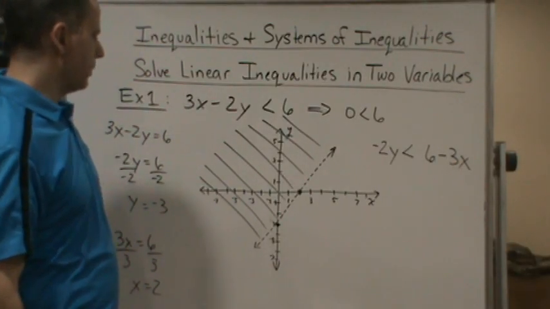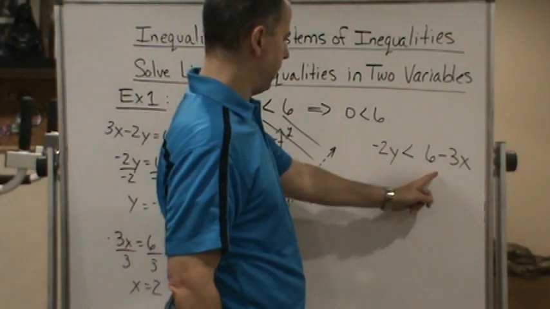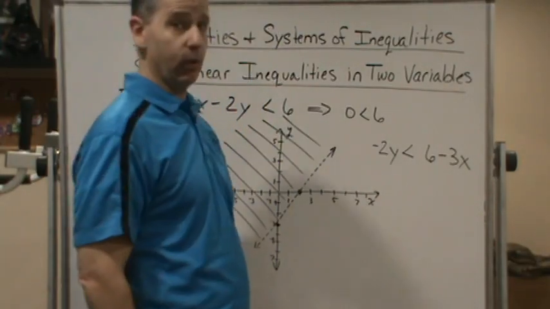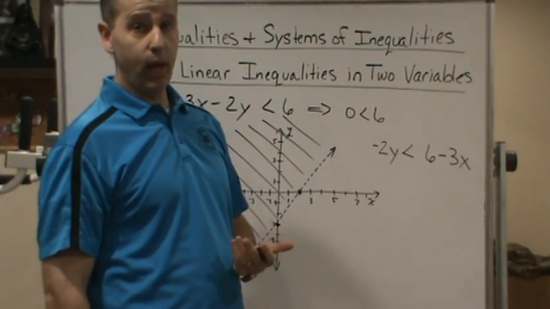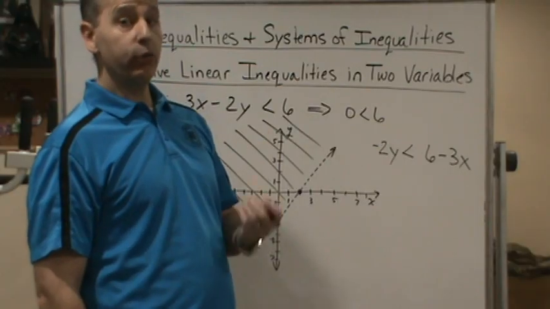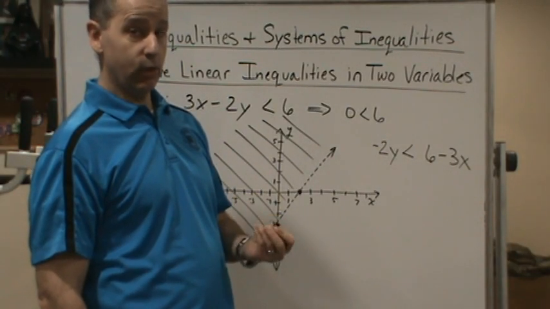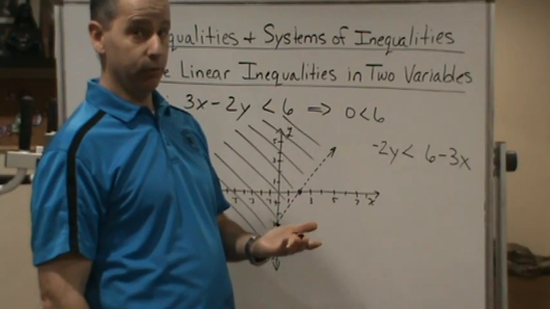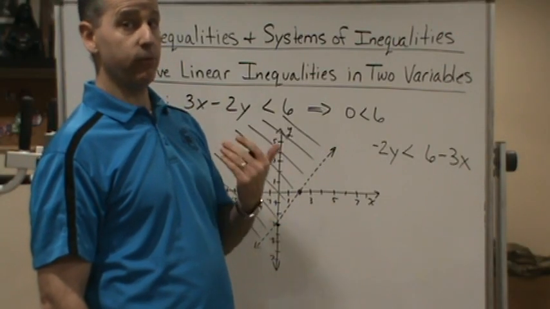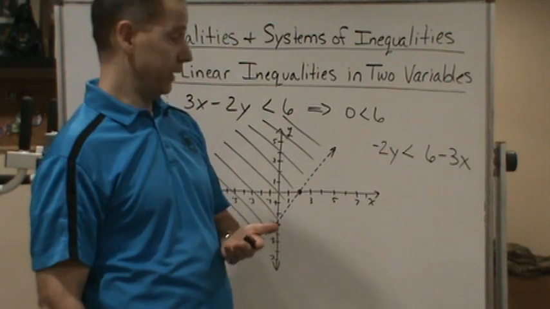And now what I'm going to do is divide both sides by -2. Now be careful. When you're dealing with inequalities, whenever you multiply or divide both sides of an inequality by a negative value, you must flip the inequality.